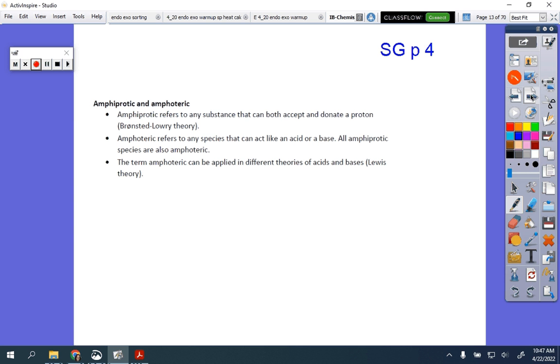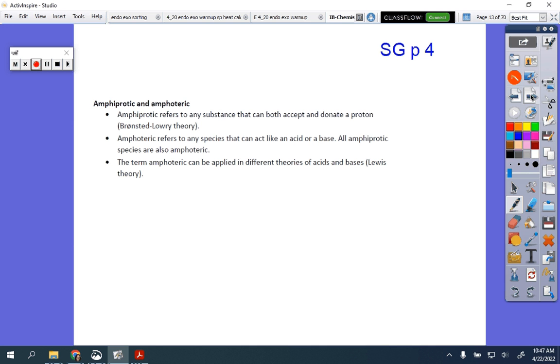They point out in the study guide, Dr. Jones or Mr. Jones, the guy who does the study guides, that there are two different words here that are commonly confused, amphiprotic and amphoteric. Amphiprotic is relating to proton movement, so just focused on the Bronsted-Lowry basis.